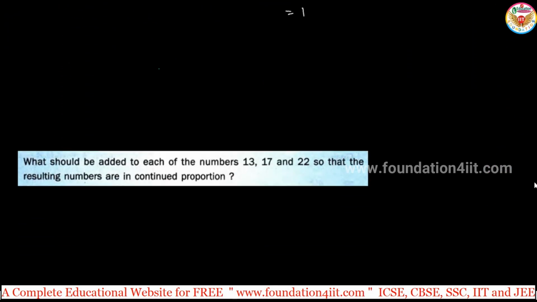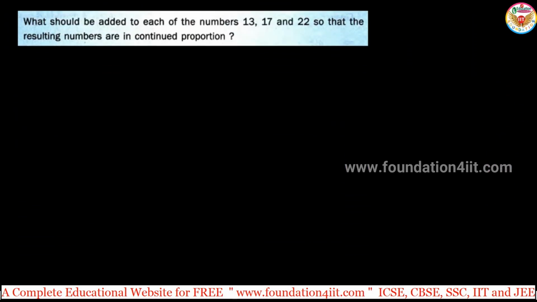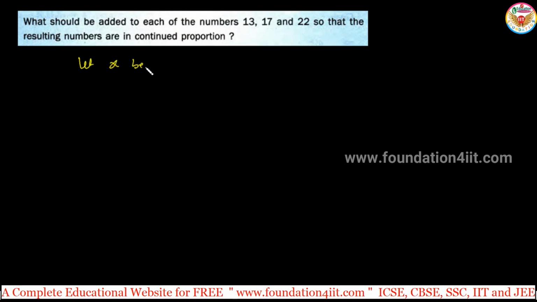And we have one more question on the same proportional concept. The question is, what should be added to each of the numbers so that the resulting numbers are in continued proportion? So let x be added to each number.